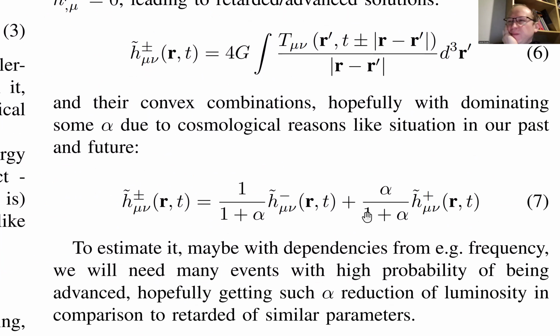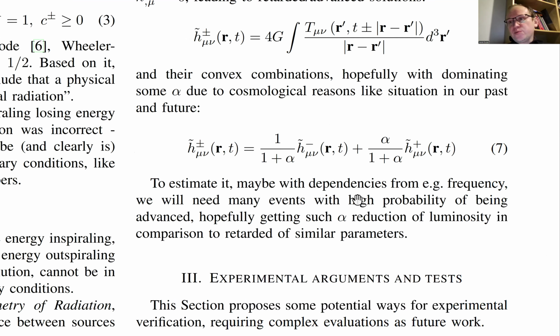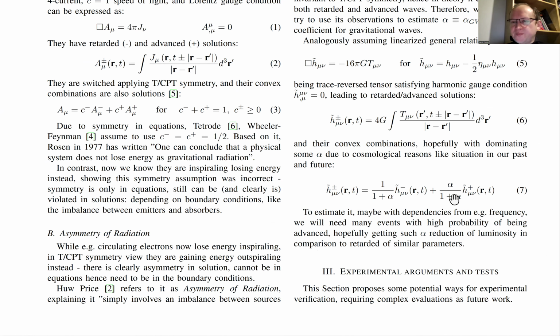So there are many ways. For example, you could include this alpha in some cosmological models, and check if for zero we get the standard view, and if using non-zero we can improve the agreement of the model. Or the best would be direct testing, that we have some object which we can be certain that it's advanced.